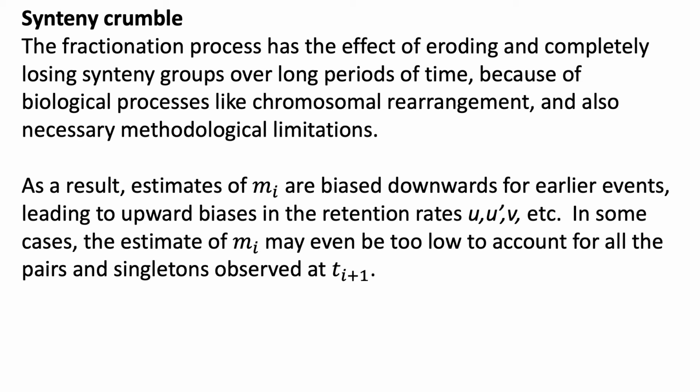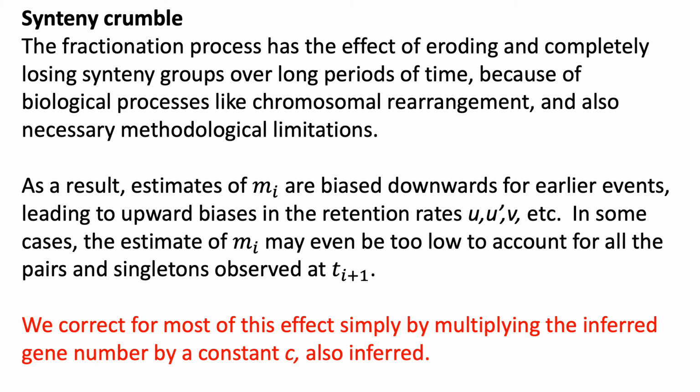There's a general downward bias to estimating the Mi for the early events, and an upward bias for estimating the parameters, and this becomes very severe. We can get around this by just multiplying each Mi by a constant, which we can infer if we have enough equations.